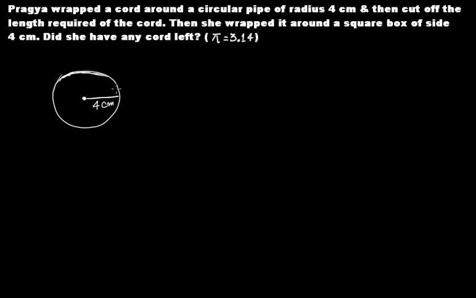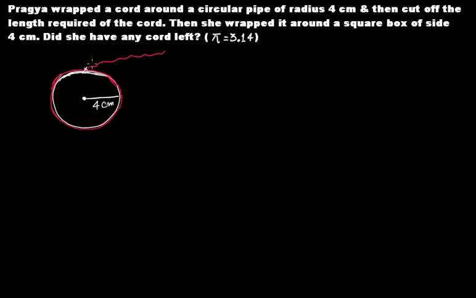Now, if Pragya wraps a cord around it, she starts wrapping from this point. She wraps the cord, and so this was the extra part. She cuts from this point.